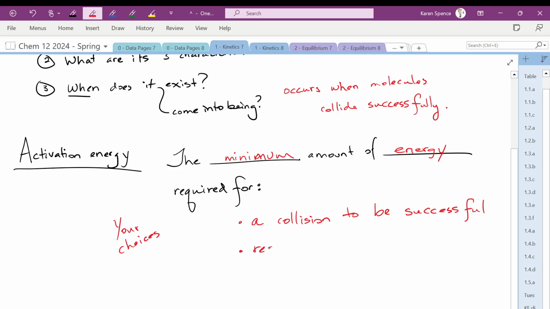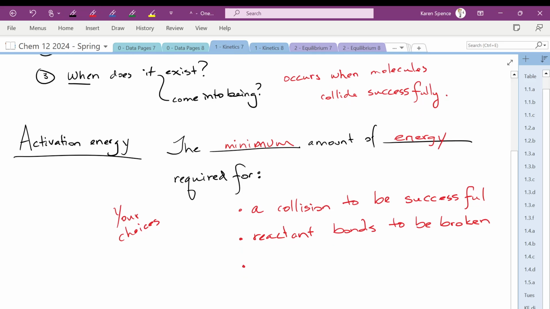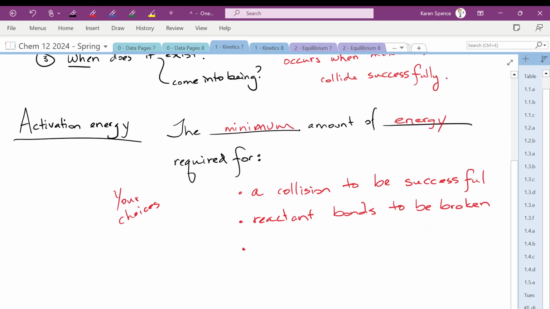For reactant bonds to be broken. The particles to achieve the activated complex state. Or the particles to form an activated complex.